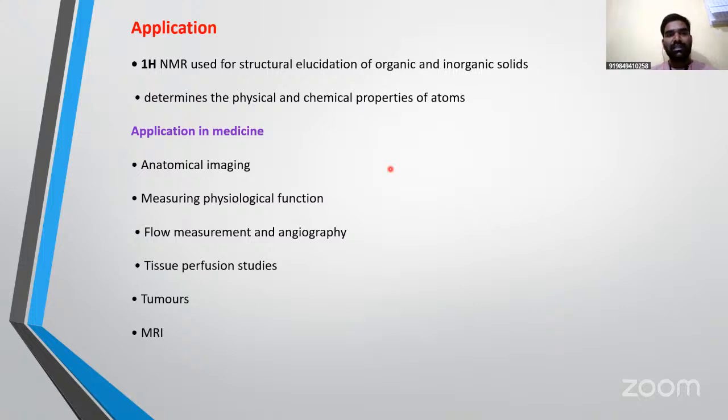So how do we use 1H NMR? It is used for the structural elucidation of organic and inorganic solids. Okay, we can find the structures of organic and inorganic solids by using this 1H NMR. It determines the physical and chemical properties of atoms. We can determine the physical and chemical properties of the atoms by using this NMR.